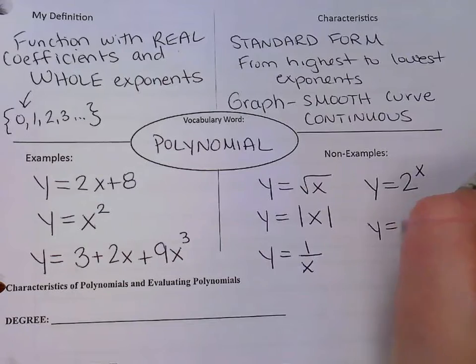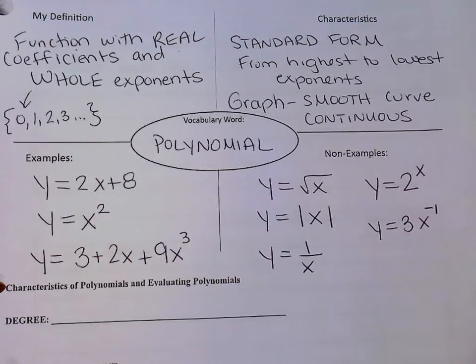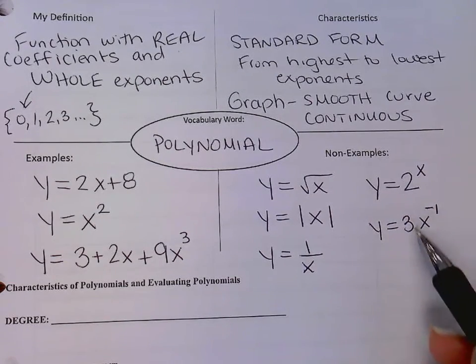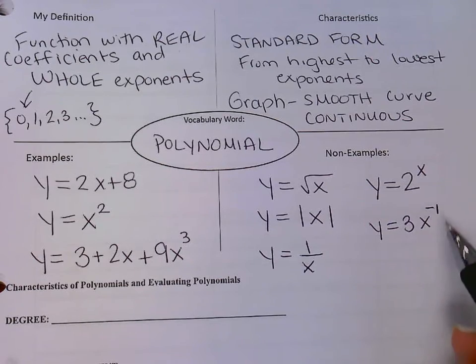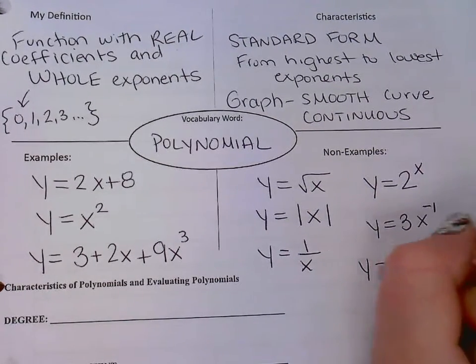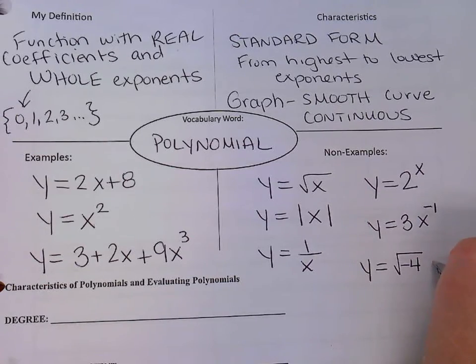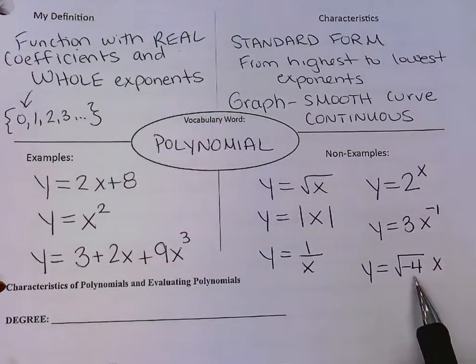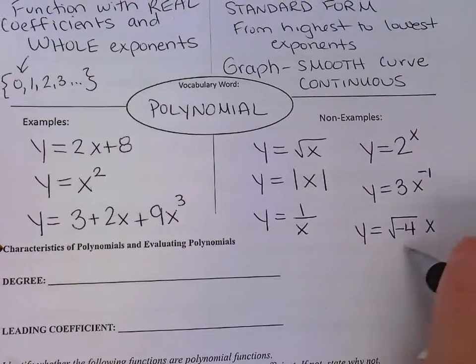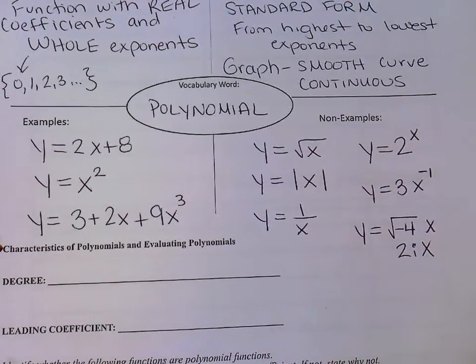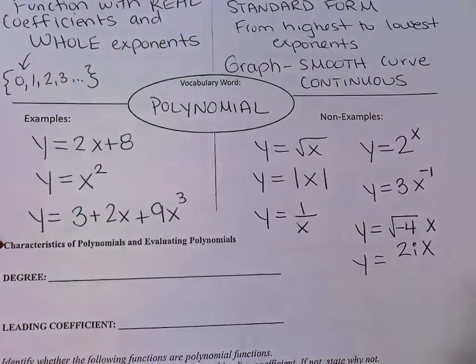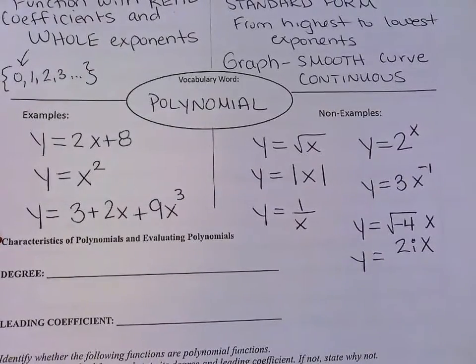And how about something like 3x to the negative first power? That is a negative exponent, so that's no good. How about the square root of negative 4 times x? That's an imaginary coefficient, right? Because it's 2ix. So you can't have any imaginary numbers as coefficients.